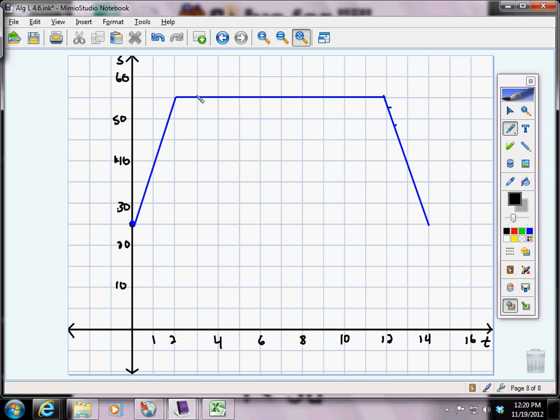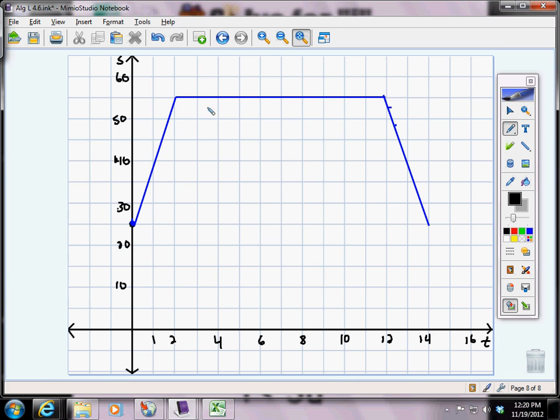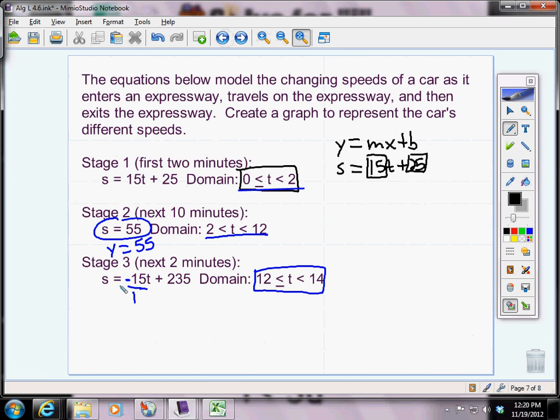And then we're going to stay at a constant rate. That was our s equals 55 here. We're going to stay at 55 miles per hour all the way up until 12 minutes, and then we decelerate for 2 minutes at a rate of negative 15 over 1. So we go down 15 over 1, down 15 over 1. And what this graph does is it represents these 3 equations: the acceleration, the remaining steady, and then our deceleration.